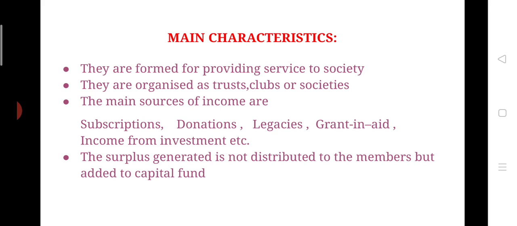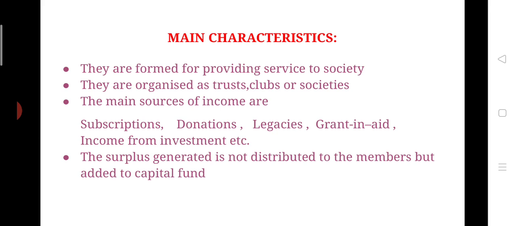Okay? But in the case of an NPO, if there is surplus, it will be added to the capital fund only. It will go to the balance sheet and be added to the capital fund. Members will not be getting any money out of the profit, not profit but the surplus. Okay, so it can be the opposite also. Sometimes expenses can be more and receipts or income will be less.